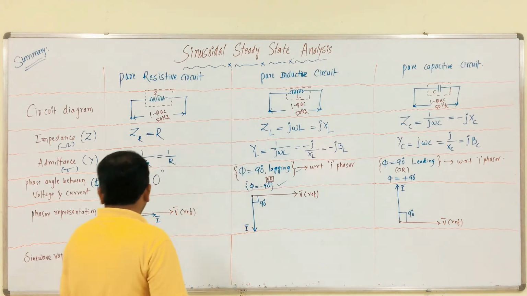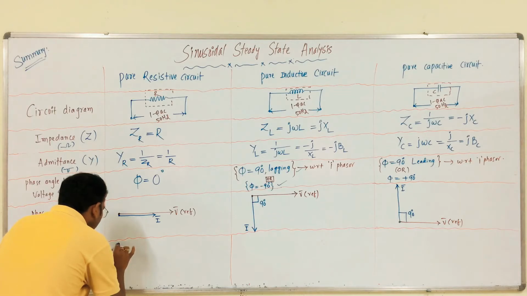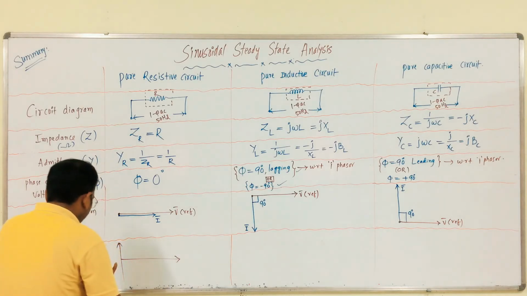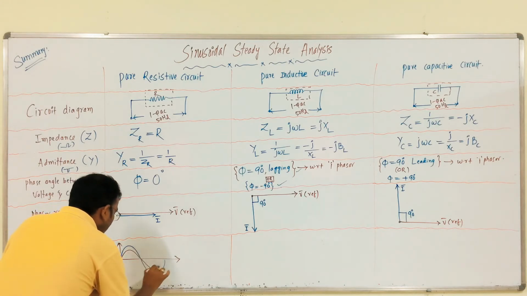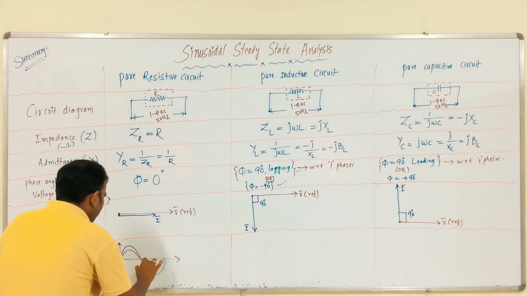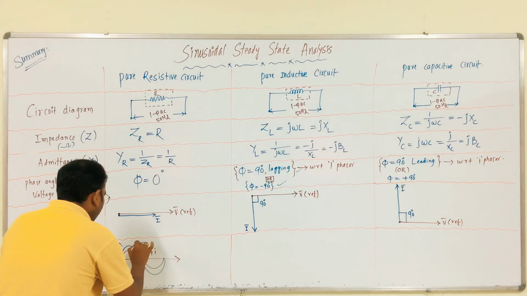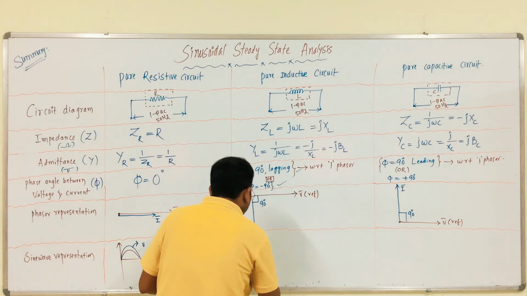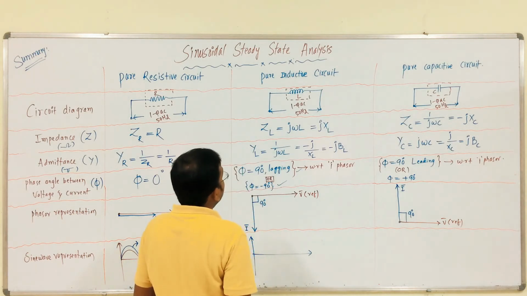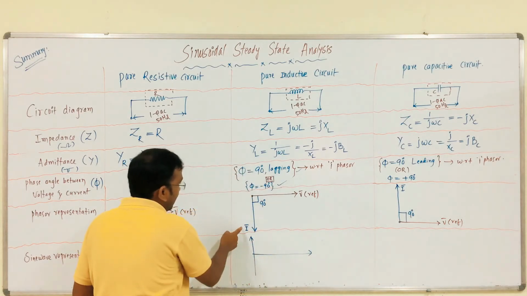Clear. Next, sine wave representation. For example, this is current, this is voltage. Here the phase angle between voltage and current is 90 degrees. Which one is leading? Voltage leading, current lags.